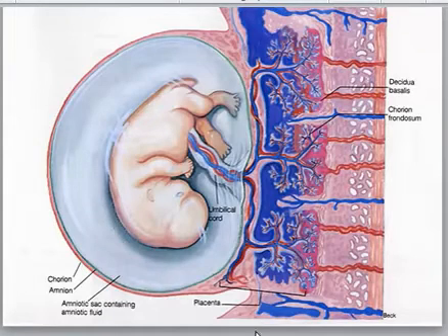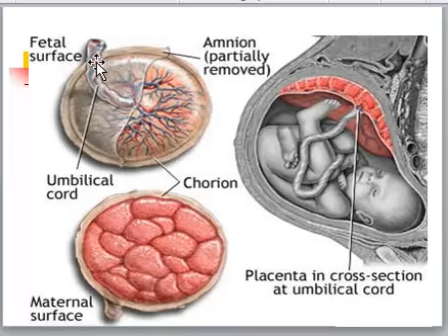This is a placenta which is covered by the baby, followed by the fetal surface. The umbilical cord is going to be cut here, and the amnion is partially removed. This is the maternal surface.